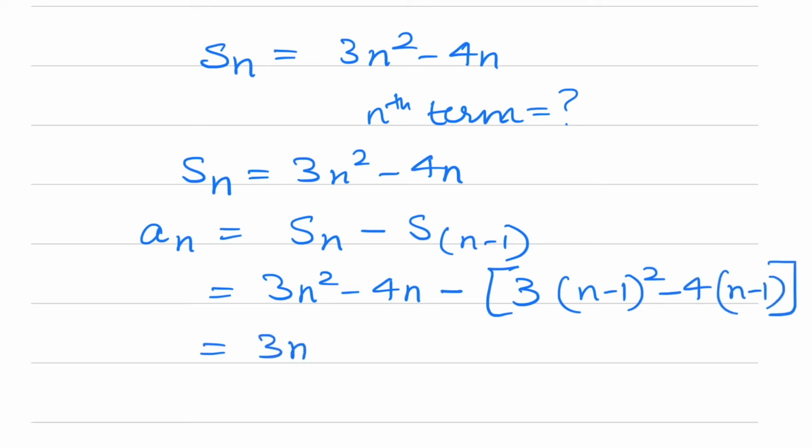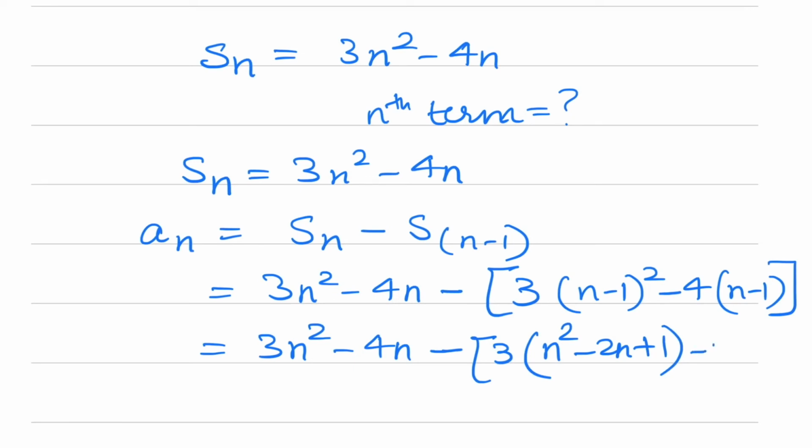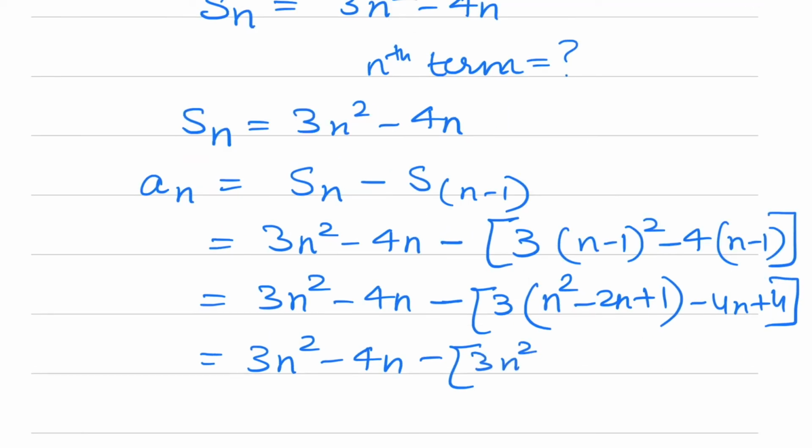This is equal to 3n square minus 4n minus 3 into n square minus 2n plus 1 minus 4n plus 4. Now this is equal to 3n square minus 4n minus 3n square minus 6n plus 3 minus 4n plus 4.